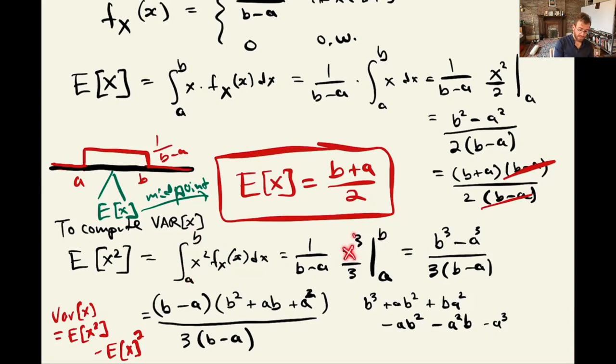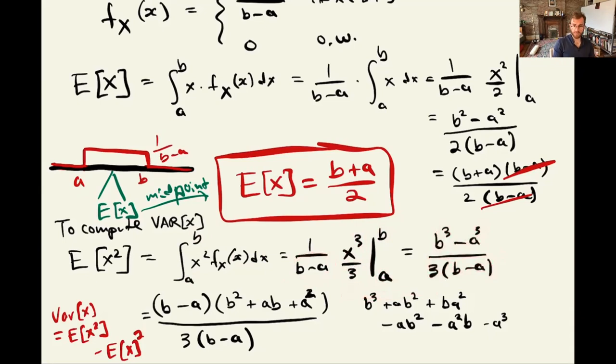In this case, I get x cubed divided by 3, evaluated at b and a, which means I look at b cubed minus a cubed divided by 3, and then, of course, I've got my b minus a, which comes from the normalizing factor.